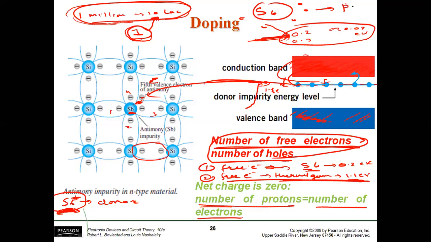So total number of protons will be equal to total number of electrons, तभी इलेक्ट्रिकली न्यूट्रल है. ठीक है, अब क्या हुआ, एक्सटर्नल सोर्स, ये 4 तो बॉन्ड बन गए, सिलिकॉन से बॉन्ड बना लिया इन्होंने, ये लूजली बाउंडेड है. ठीक है, still it is associated with it, still it is in valence band of this antimony, but it is not shared by any other silicon atom, so means it is very loosely bounded.